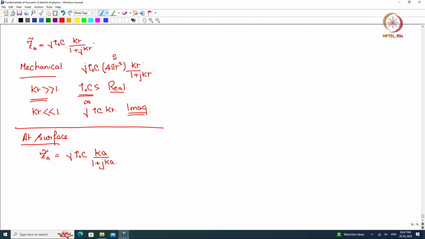And I multiply by the surface area 4 pi a squared, which makes it a mechanical impedance.